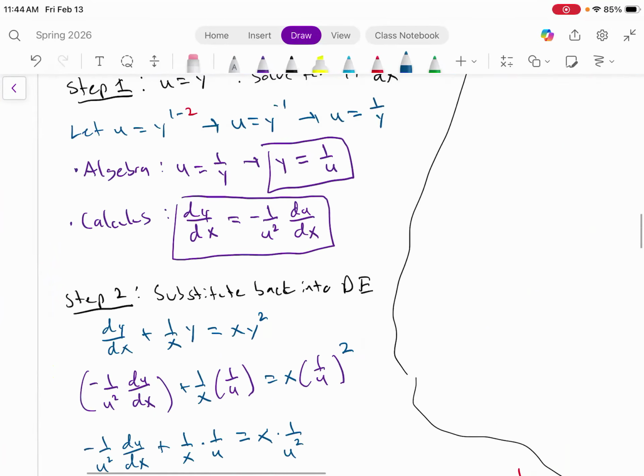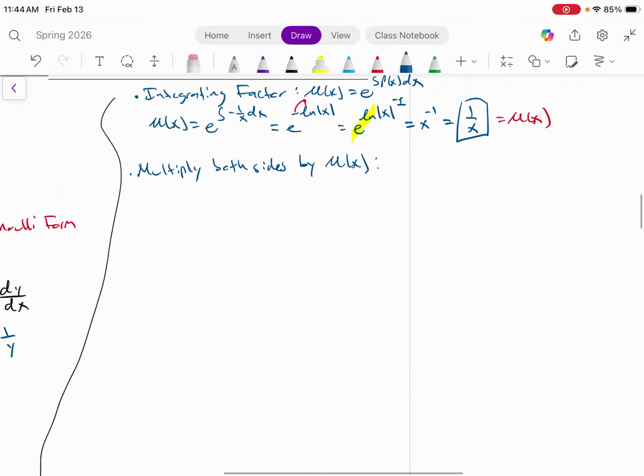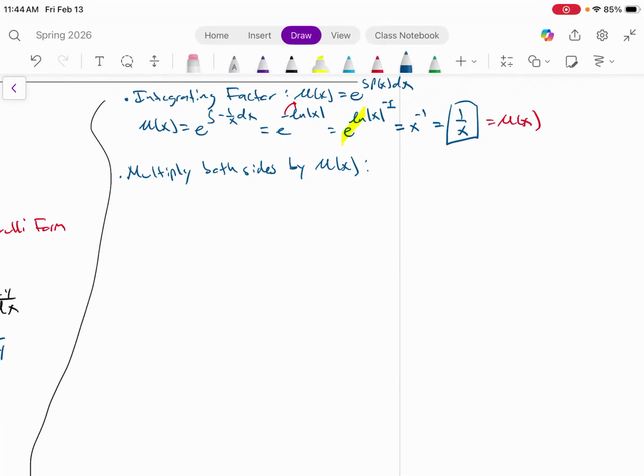So multiplying the integrating factor to our differential equation, what we get is 1 over x du over dx minus 1 over x u, close that off, and then negative x times our integrating factor.